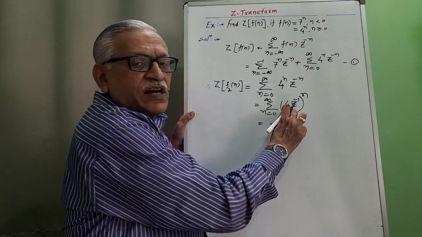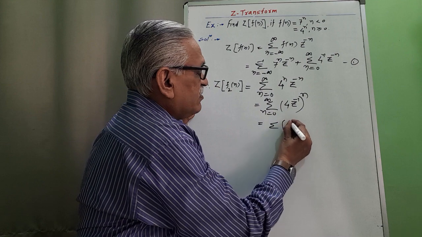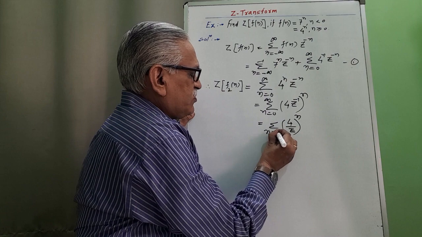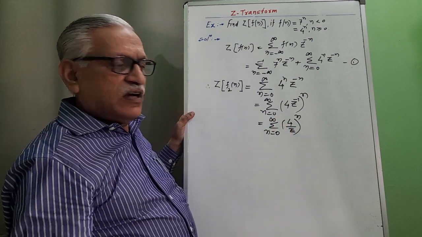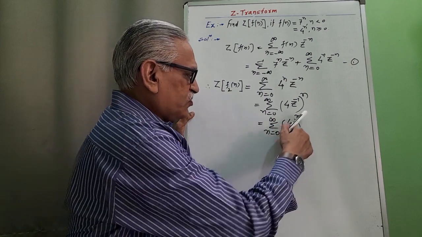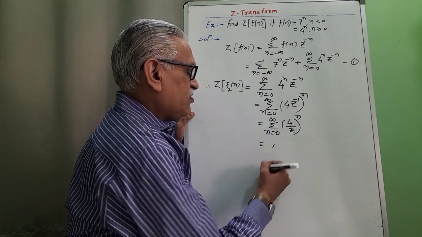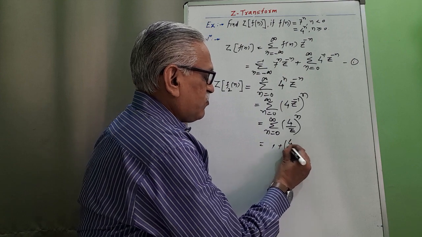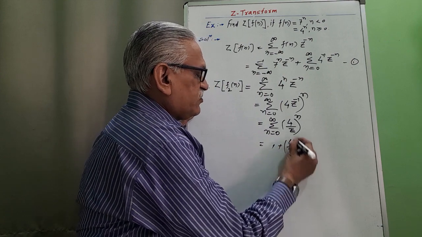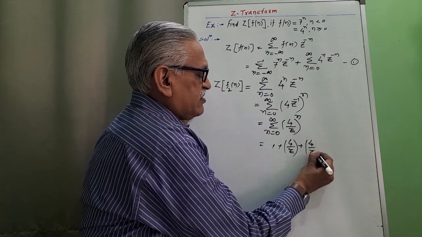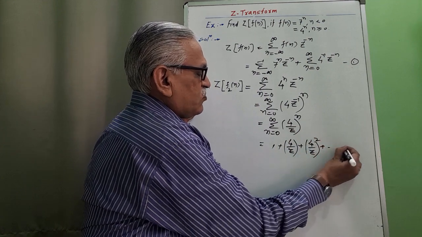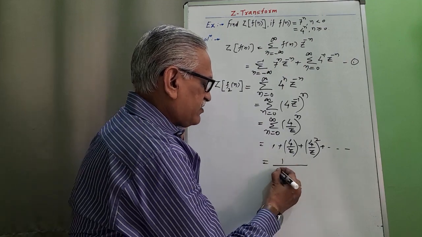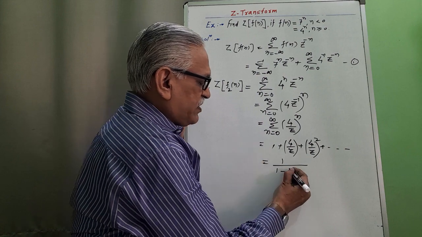Transferring this to denominator, we get 4 by z, that bracket raised to n. Substituting the limits, n equals 0, we get first term as 1. For n equals 1, we get next as 4 by z. For n equals 2, we get 4 by z whole square, and so on. This sum is 1 upon 1 minus capital X, capital X is here 4 by z.